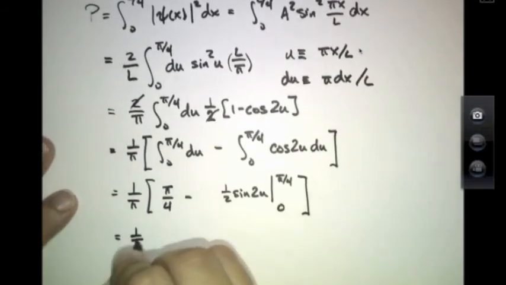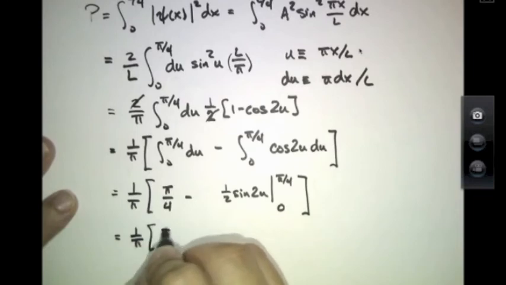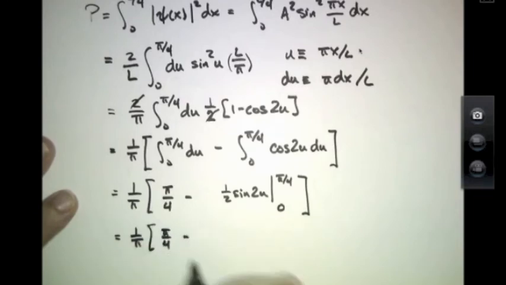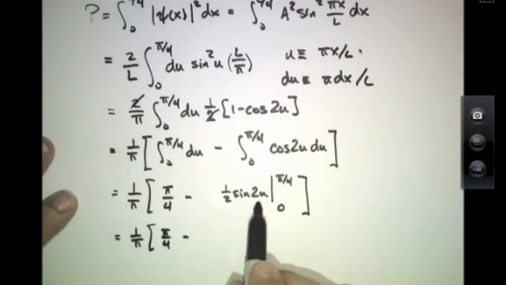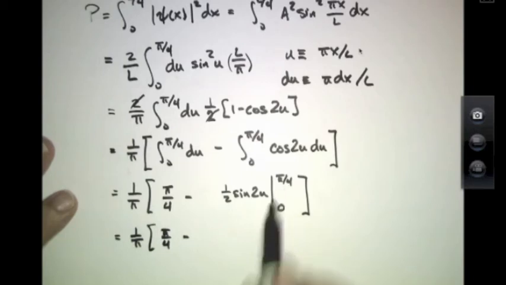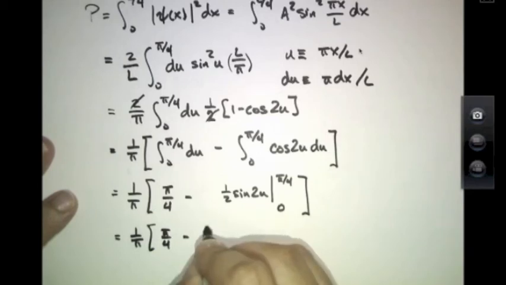And this is 1 over pi, pi over 4 minus, let's see, I have sine of 2 times pi over 4, that's sine of pi over 2, and that's 1.